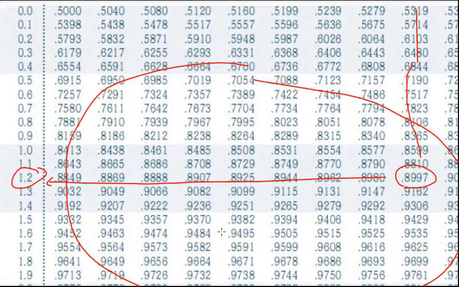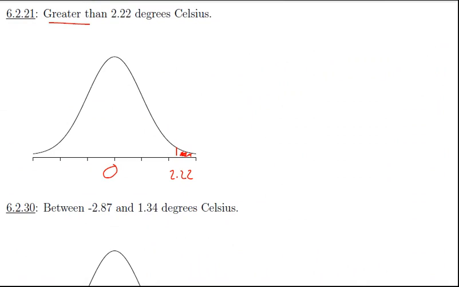Okay, so 0.9868. Go back to the notes. But remember, the table only gives you the area to the left, so that's going to be 0.9868. If I want to get the area to the right, I subtract from 1.